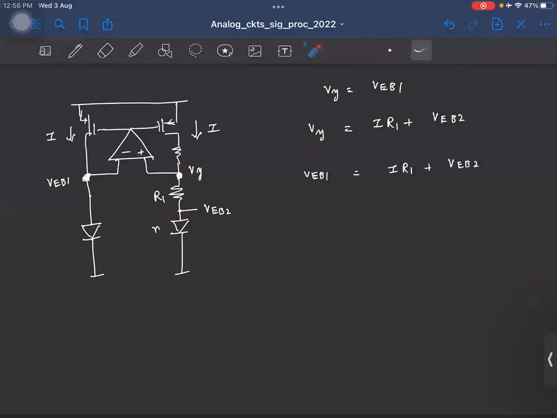And you know the IV relation for the diode. So this is basically VT natural log of I by IS plus 1. And for VEB2, what is the relation? I by nIS, right?